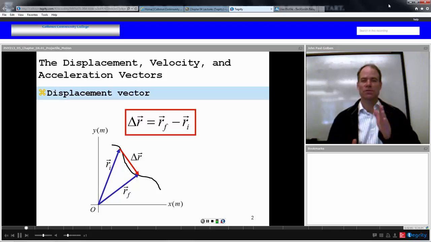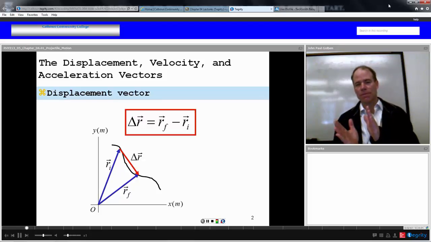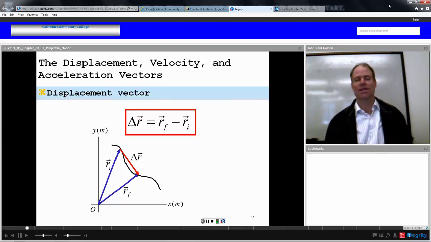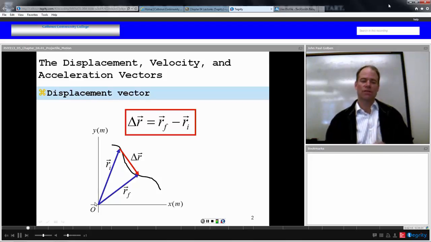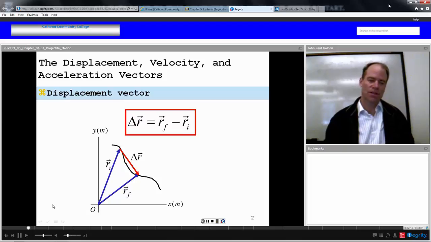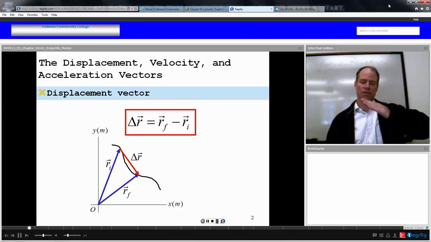Now we had to define this in terms of an origin. We had an initial position and a final position, but you may notice that we actually could have chosen any origin we wish, because if I were to move this origin, say, over to the left here, my initial position would still go to the same point.